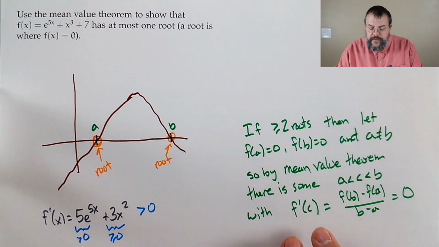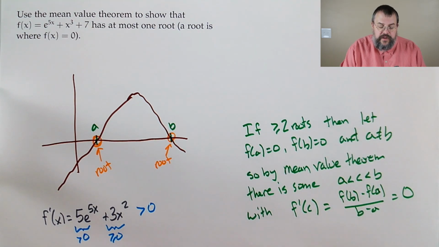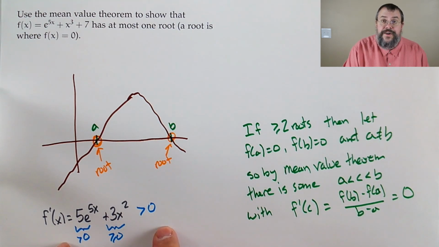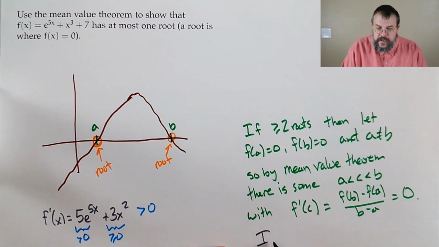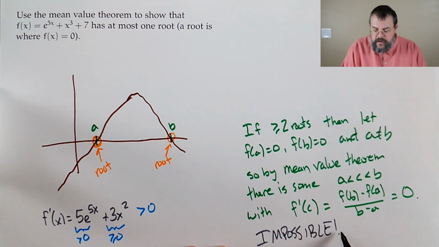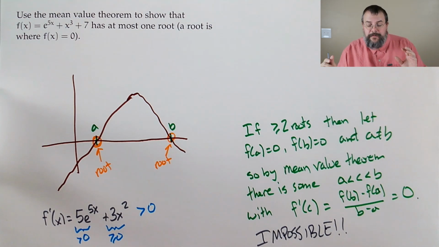See, this says if there were two roots, there'd have to be a place where the derivative is 0, but this says the derivative is never 0. So our conclusion is this is impossible, because there's that inconsistency. I can't have something be always positive, but somewhere be 0. So what's the flaw?